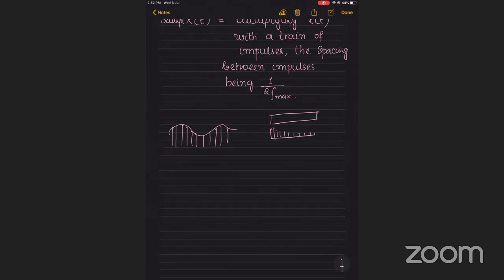So what will I get? I'll get holes, and those holes, the magnitude of those holes from that height, are basically the samples, points at which the sampling has been done. Is that clear? That is what we are looking at. Now, this is basically our amplitude. This is basically multiplication with train of impulses.